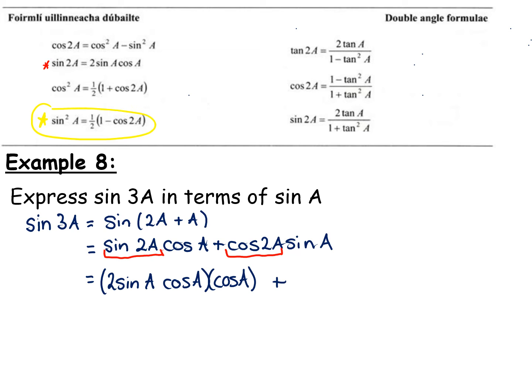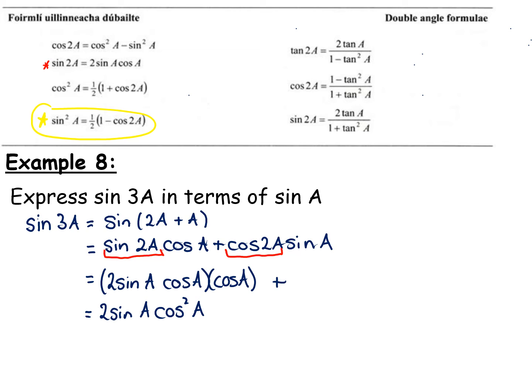Now, in order to see that, you might want to clean up this little bit first, because we'll have 2 sine A cos squared A. So I could put in the one above it, but that will give me cosines. And remember, I want to write everything here in terms of sine.